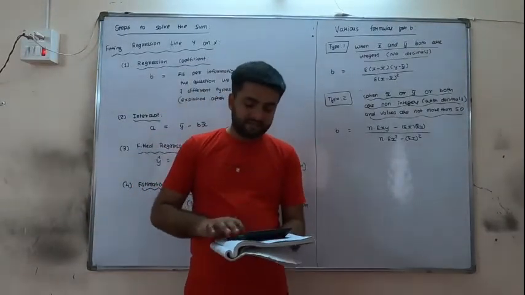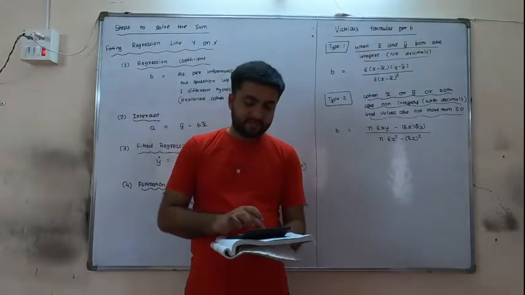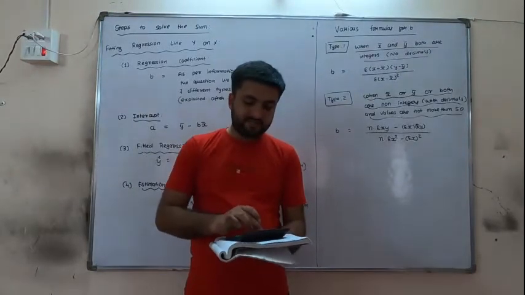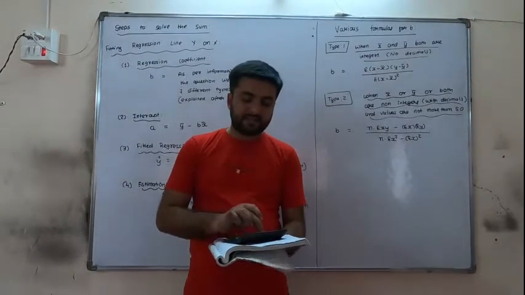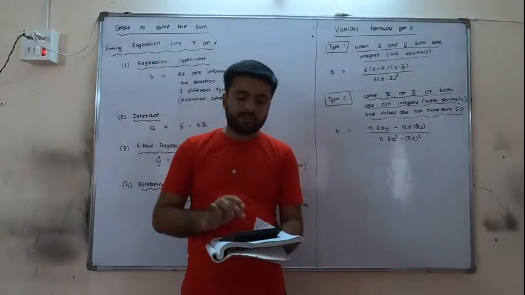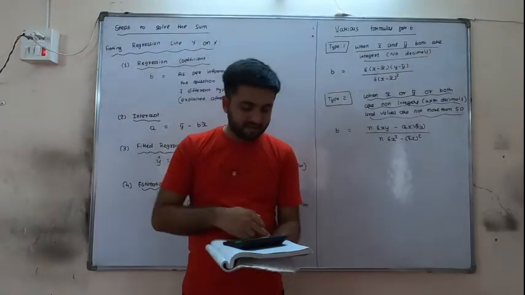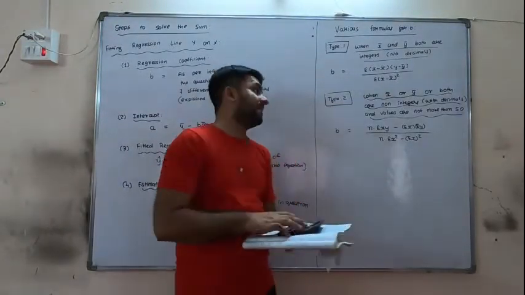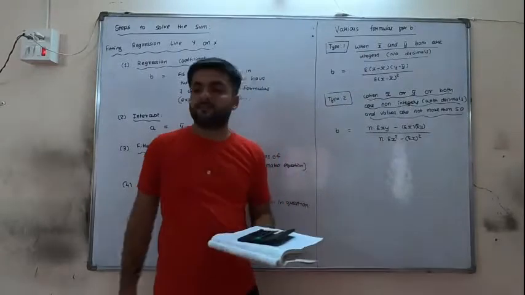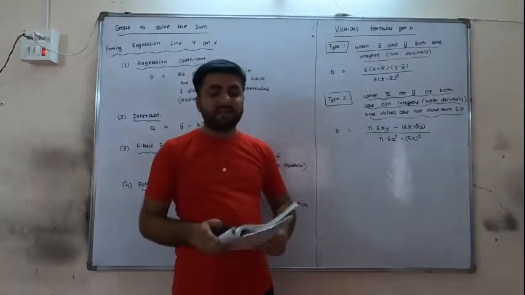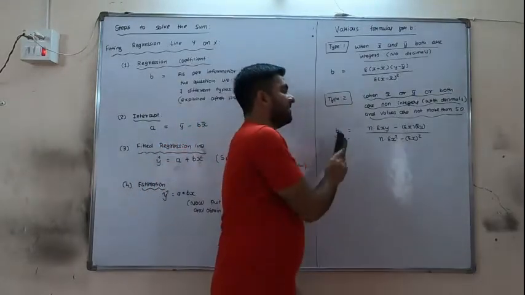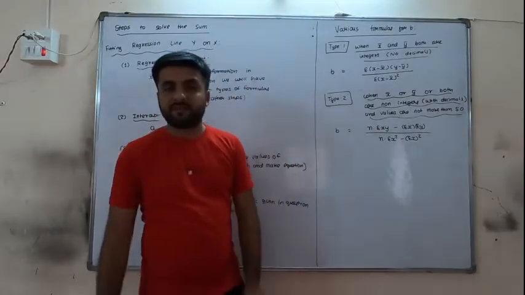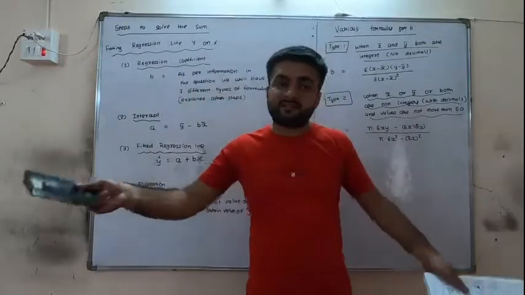For y, 83, 75, 80, 78, 89, 68, 88, 87, total is 648, divided by 8. Right there y bar 81. So again we will use x minus x bar method. So in short, there are total 4 sums. 1, 3 and 4 will be done by this method, and second sum will be done by this method. And these are the steps. Let us start.